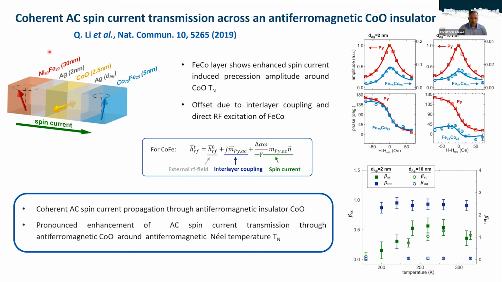So basically, we looked at this kind of multilayer structure, which consists of this permalloy spin source layer and this cobalt iron spin sink layer, and we have a spacer layer consisting of some thin silver films, and in the center we have this antiferromagnetic insulator cobalt oxide.